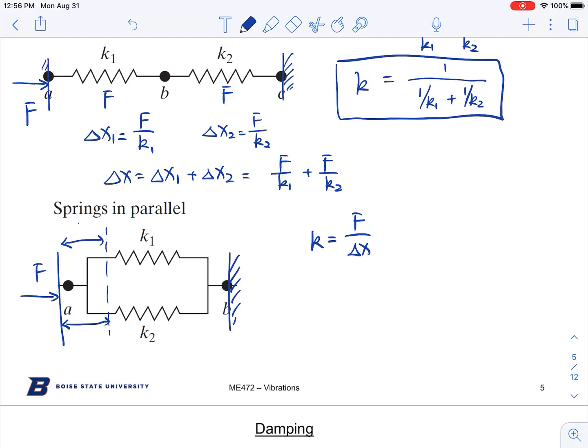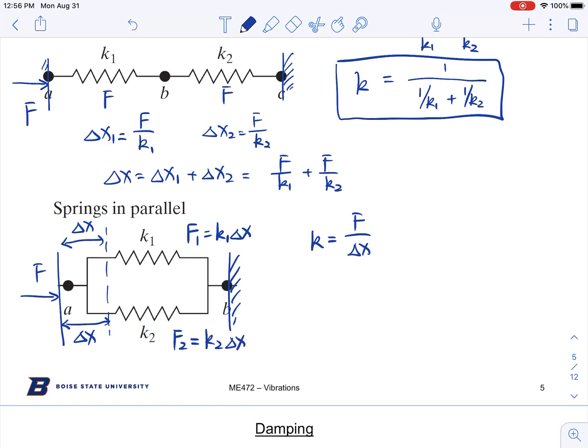So we have delta x for both springs. The force experienced by the first spring is K1 times delta x, and the second spring experiences a force F2, that's K2 times delta x.